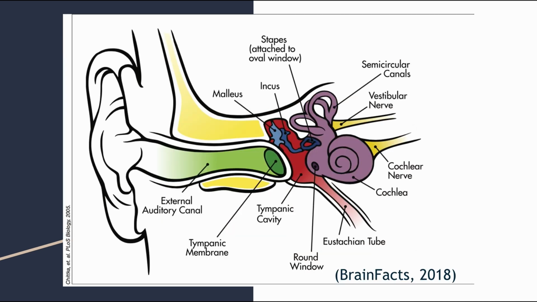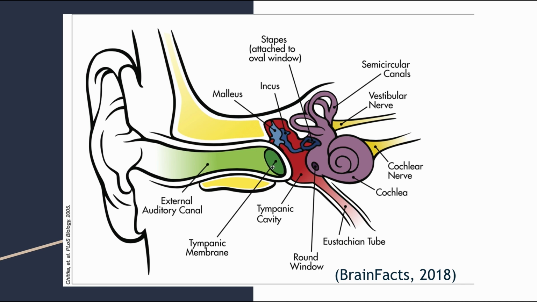Next is hearing. Hearing involves a series of steps to convert sound into electrical signals that can be carried to the brain and then be perceived. Sound in the form of air pressure reaches the pinna of your ear, which is this part. And then the waves are inputted to the ear canal to reach the eardrum, or in other words, the tympanic membrane, so this part.